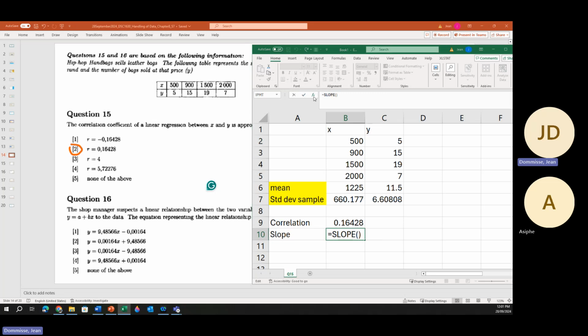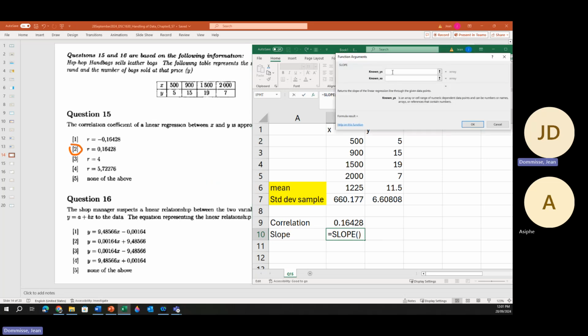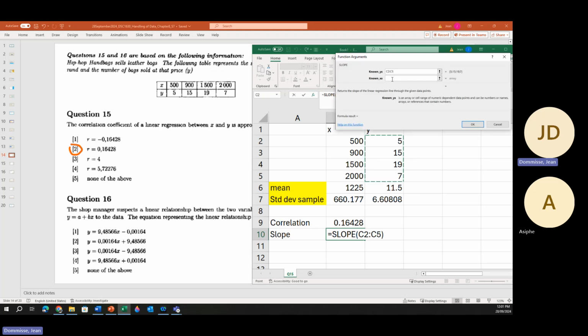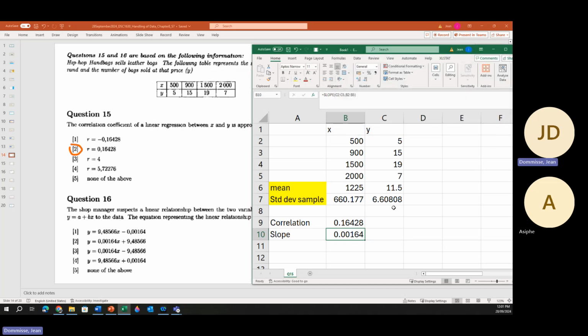But again, for slope, we can use the formula. They want us to put the y's first, then the x's. If we look at the slope, we can see that the correlation is positive, so the slope is also positive.